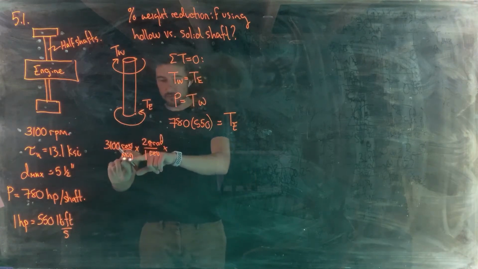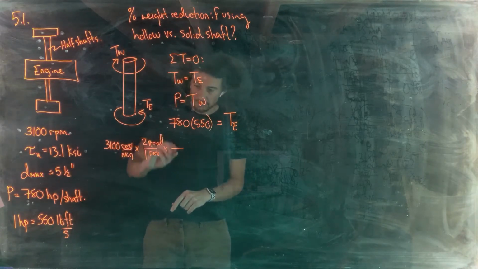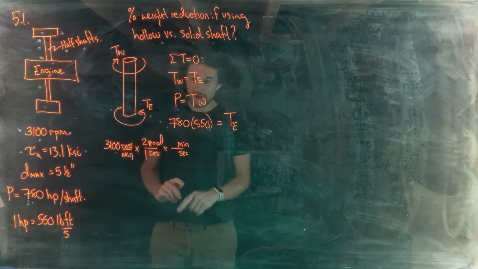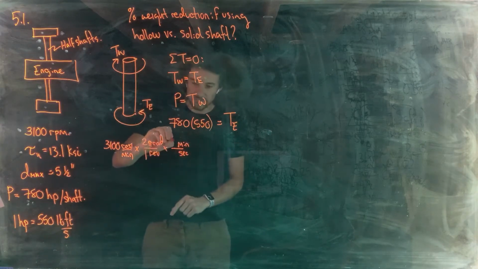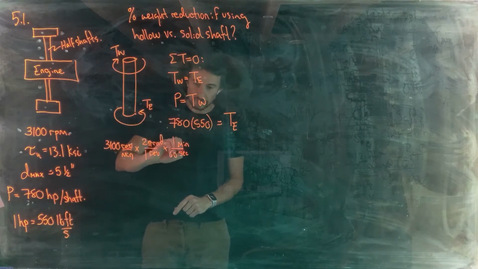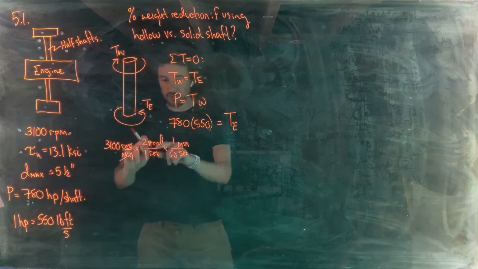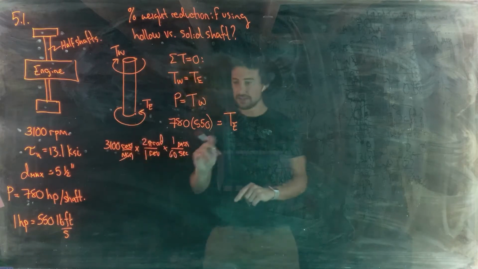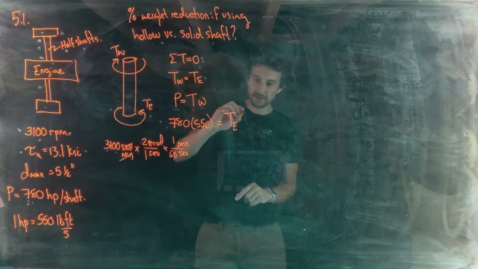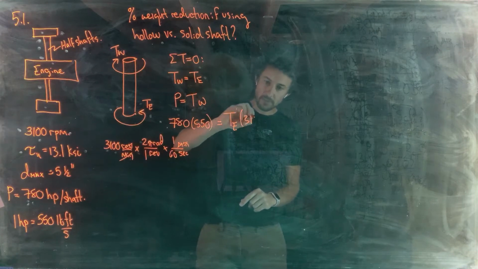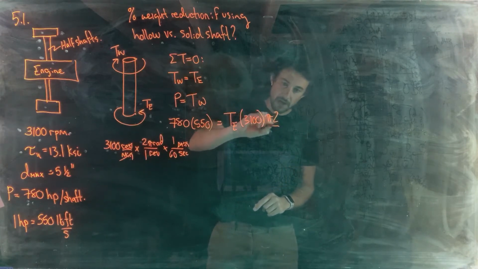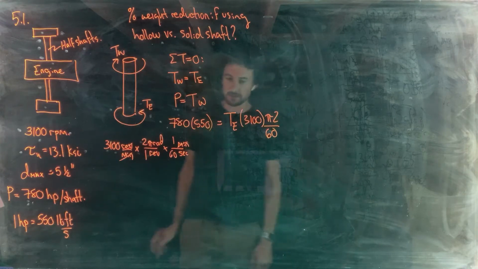Then we want to replace minutes with seconds, so we need minutes on the top, seconds on the bottom, and 1 minute is 60 seconds, of course. There we go. So we need to multiply that 3,100 by 2 pi over 60 to get into radians per second.